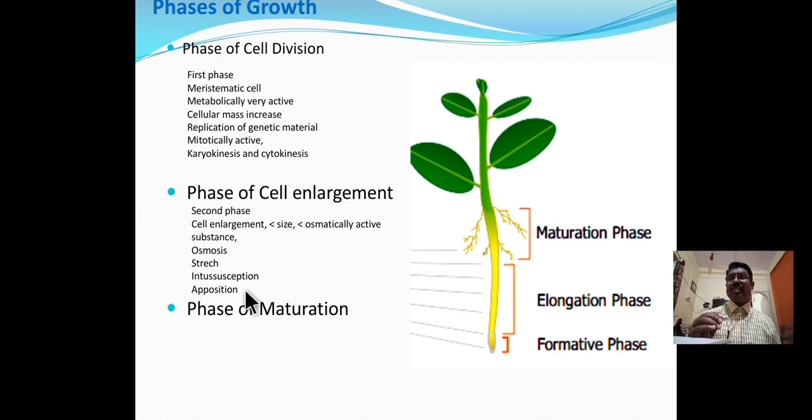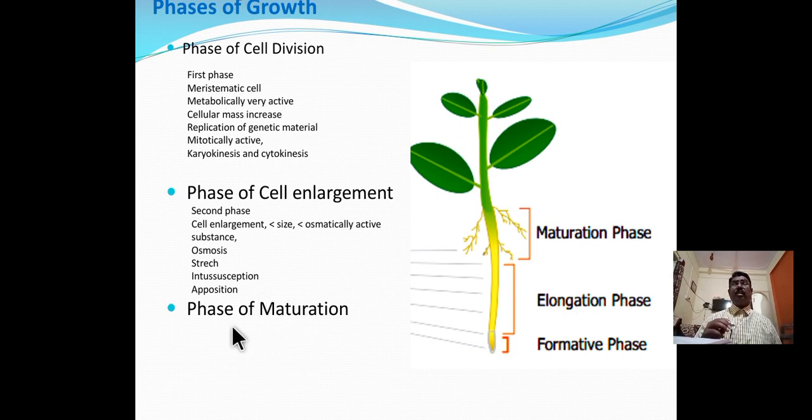By both these processes, ultimately the stretching of the cell wall becomes irreversible, due to which the total area of the cell increases.